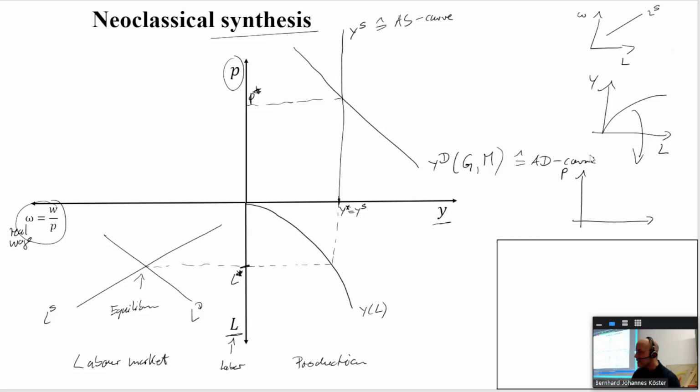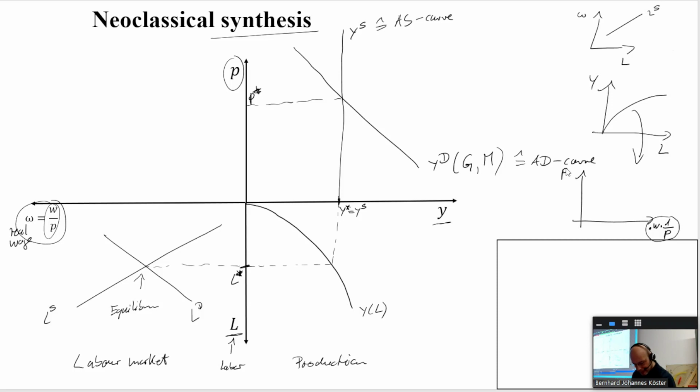Say P, and now here I write nominal wages W times 1 over P. Okay? Because here I have just W over P is real wages. And what do I have now here? I have a function 1 over P.